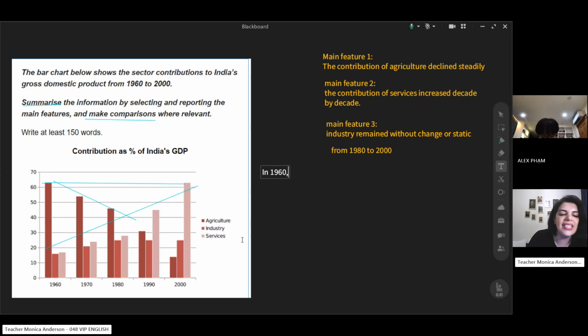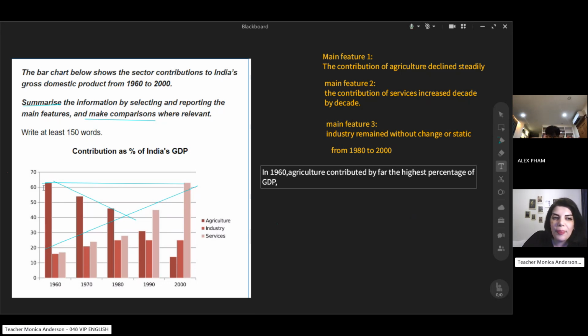So I say in 1960, agriculture contributed, and as you can see, there is a big difference, so I say by far the highest percentage of GDP, gross domestic product. Okay, I need to add a number, peaking at, it's about 62.